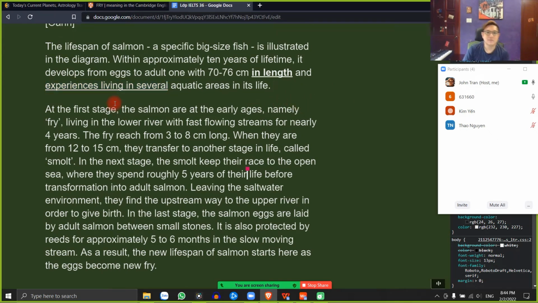At the first stage, the salmon at the early ages. Be careful. Ages with S means, you know, historical ages, like the Bronze Age, the Ice Age, the Iron Age, the Age of Empires. Is historical ages. But what you're talking about is the age of the fish, you know.